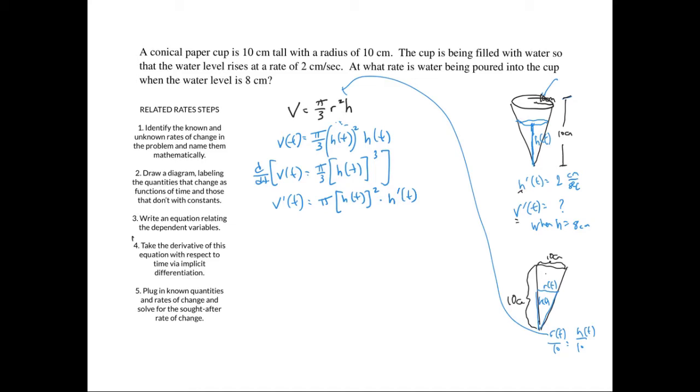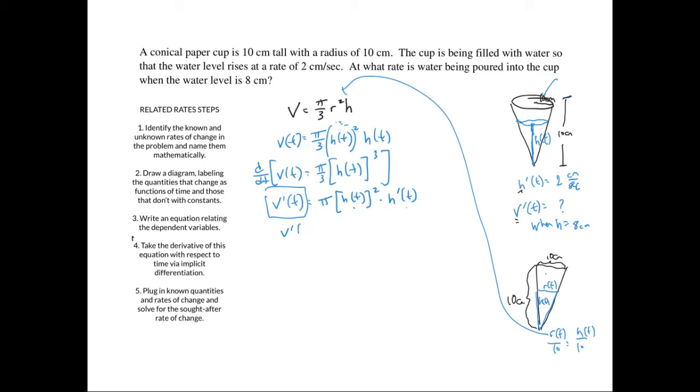So now it says plug in your known quantities and rates of change and solve for the sought after rate of change. So the thing I was looking for in this problem was v prime of t. So in order to be able to find that, I need h of t and h prime of t. And fortunately, I was given both of those things in the problem.